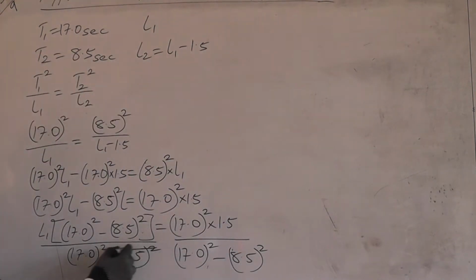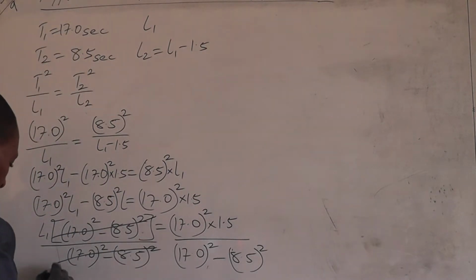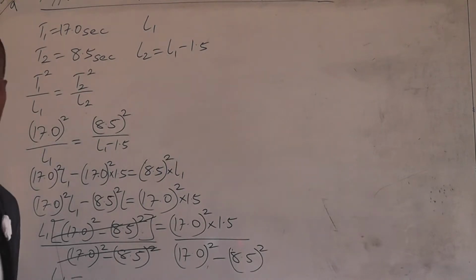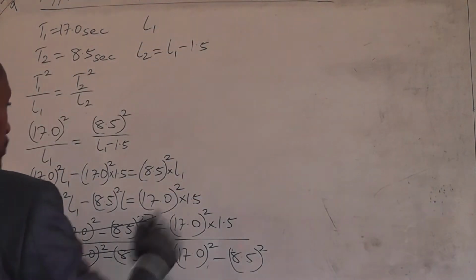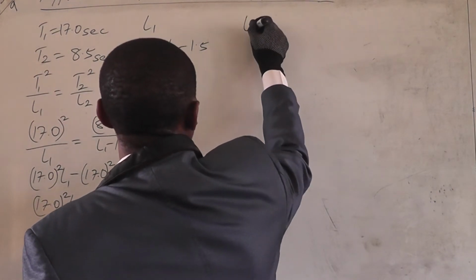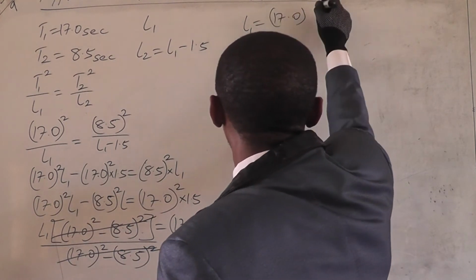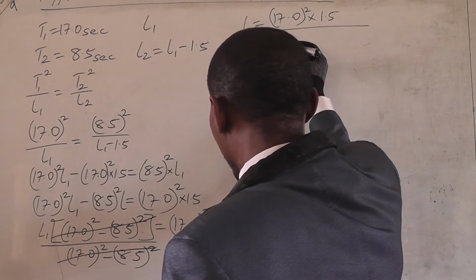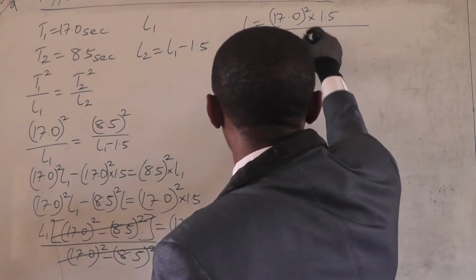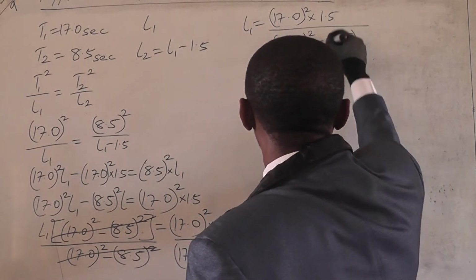Now 17.0 all square minus 8.5 all square will cancel, which means my L1 now becomes 17.0 all square times 1.5 all over 17.0 all square minus 8.5 all square.